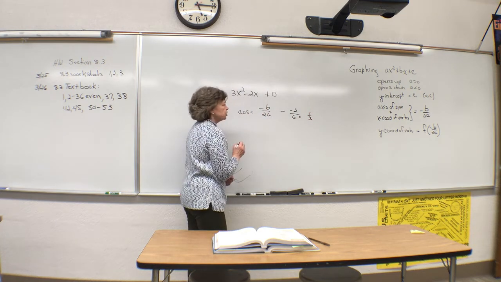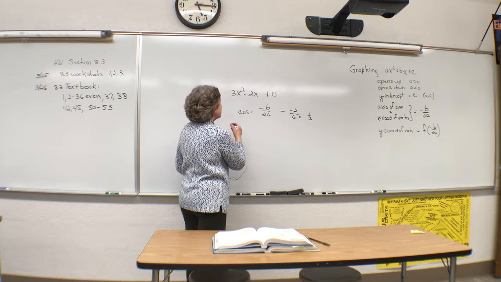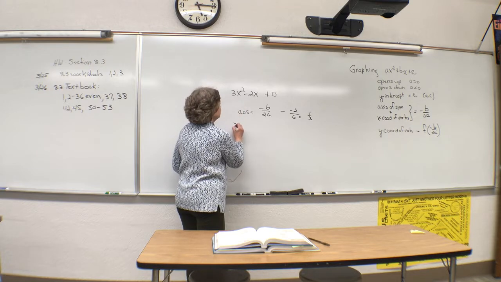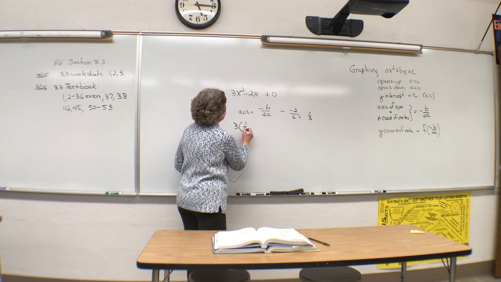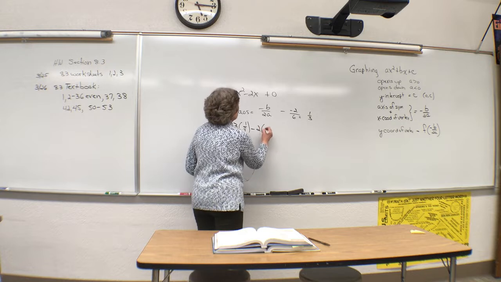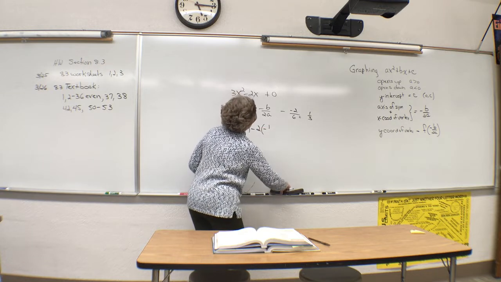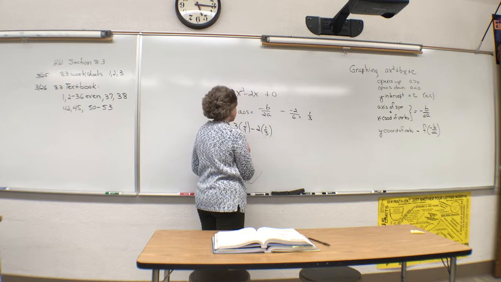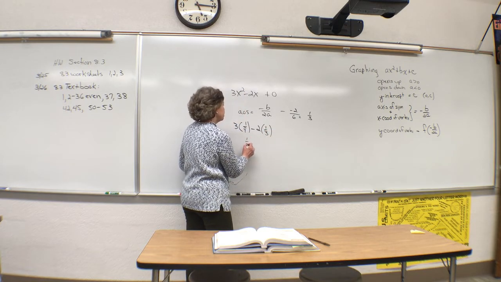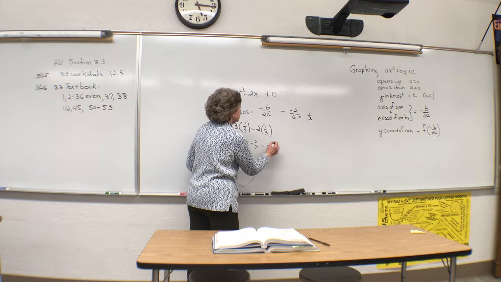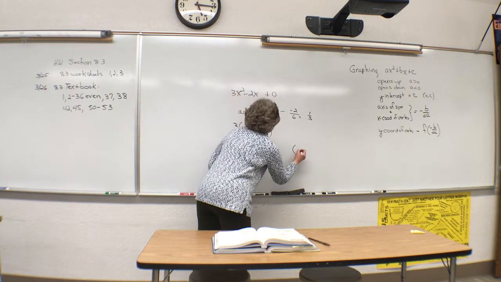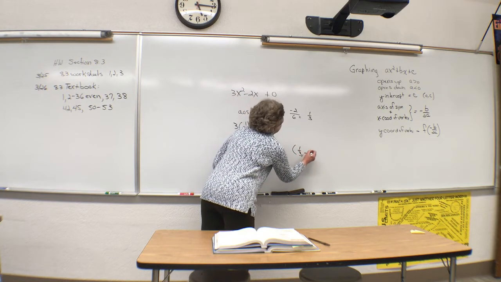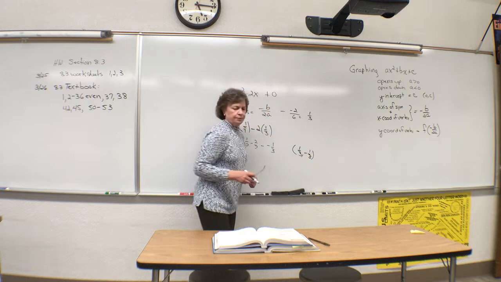So an axis of symmetry at 1/3, I'm going to replace that into my equation. So you have 3 times 1/9 minus 2 times 1/3 plus 0. So 3/9 is 1/3 minus 2/3 is negative 1/3. And I've got a vertex at 1/3 comma negative 1/3.